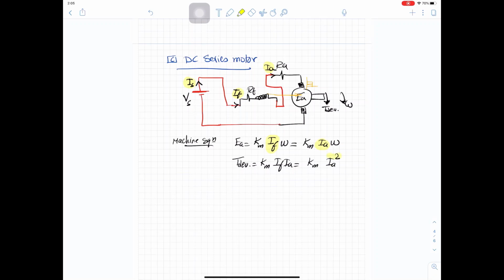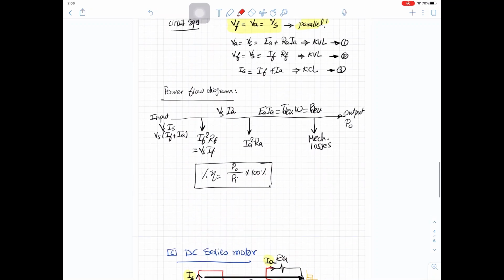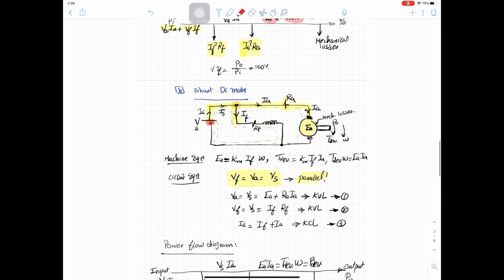And this is the beauty of this machine, okay? So the current IA is what you invest, is the current you give to the motor. More current is more investment, more money you pay. And think about the current for all the motors from here on as the gas of your car. Putting more gas, you are expecting more acceleration and more torque. And this machine is giving you a torque that is proportional to the square of the current, or the square of the gas, compared to the shunt case where the torque is proportional only to IA, because IF will be constant.